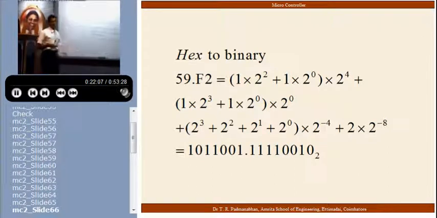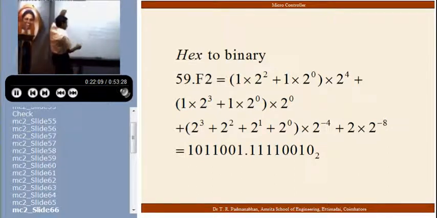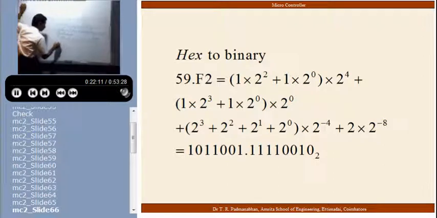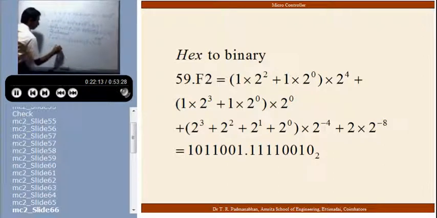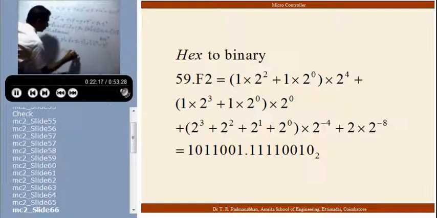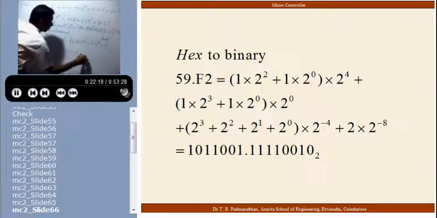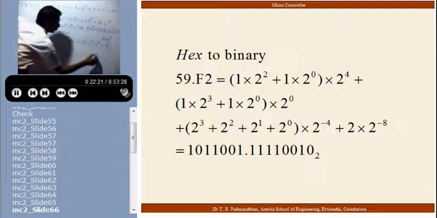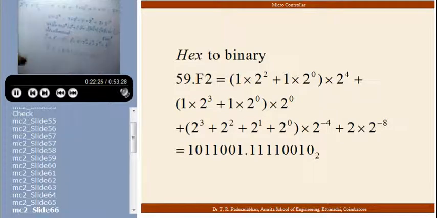With a conference, nobody knows what is a mistake. So this will give me 1, 0, 1, 1, 0, 0, 1, point 1, 1, 1, 1, 0, 0, 1.